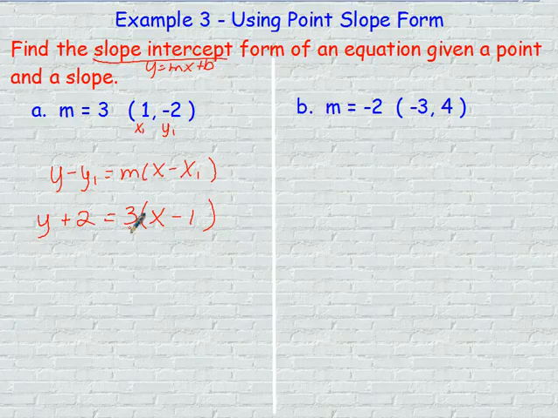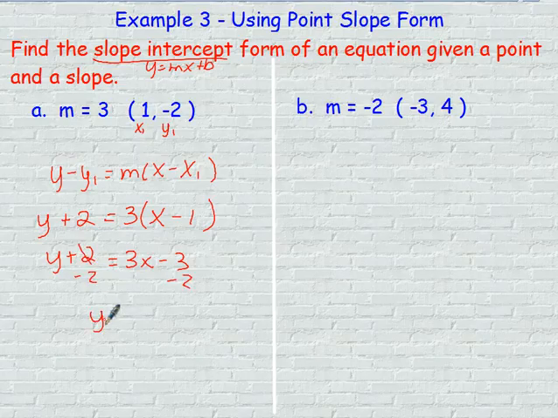What is this 3 doing, by the way? It's being multiplied, so I have to, what is that called? Distribute. So when I distribute, what does that give me? And then I still have a y plus 2 over here. Does this look like it yet? Almost. What's the only thing I've got to do? Get rid of the 2, so subtract 2 from both sides.